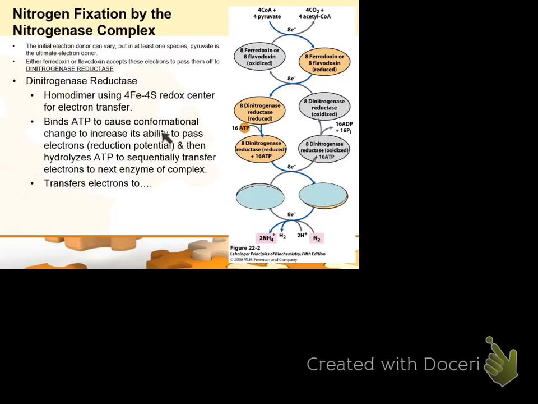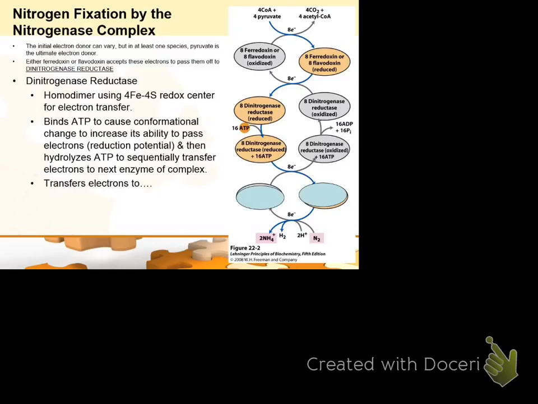it's been reduced. It has to go through phosphorylation, and it's going to pass off the electrons. What do you suppose dinitrogenase reductase is going to be reducing? Just based off of its name, what do you suppose it's reducing?